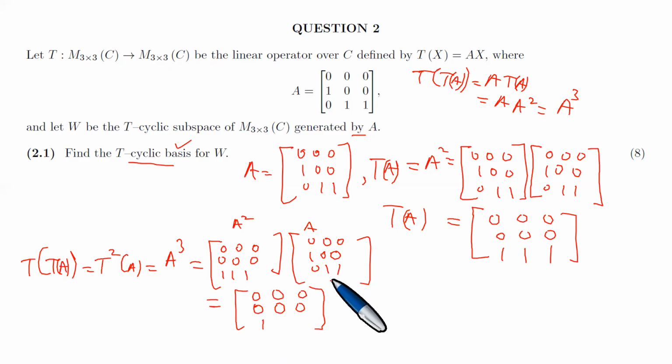This row by that column is 1. The other entries are 1 by 0, plus 1 by 1, which is 1.